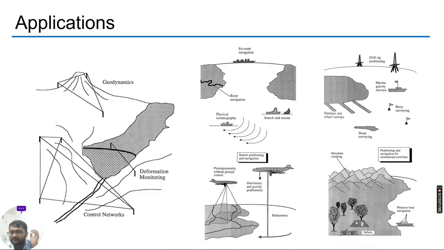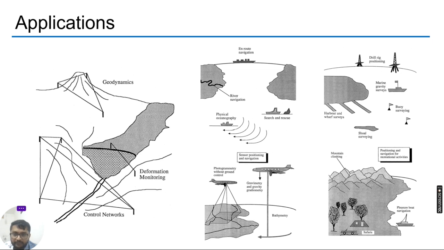And here we will see some of the detailed applications as well. For example, if we have reservoirs and we want to see whether a particular reservoir is deforming or not because of the water, or if we want to measure the risk associated with the reservoir so that we can avoid flash release or sudden breaking of the reservoir.